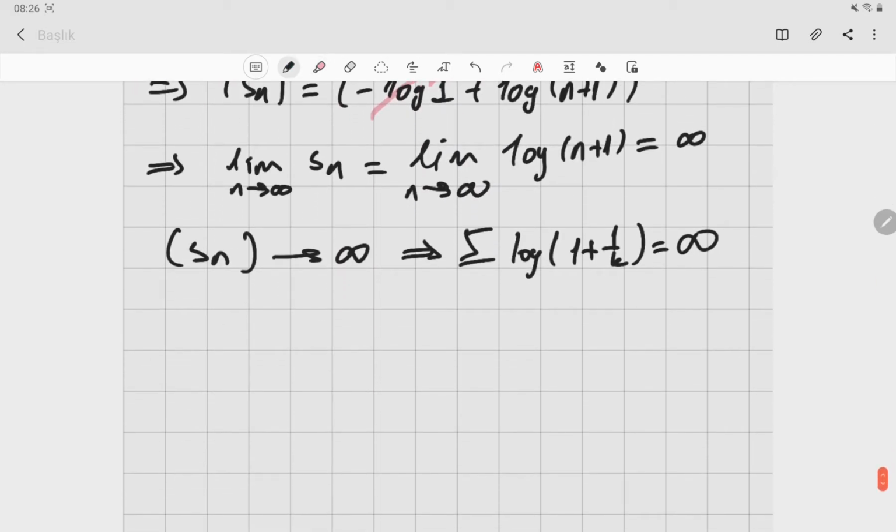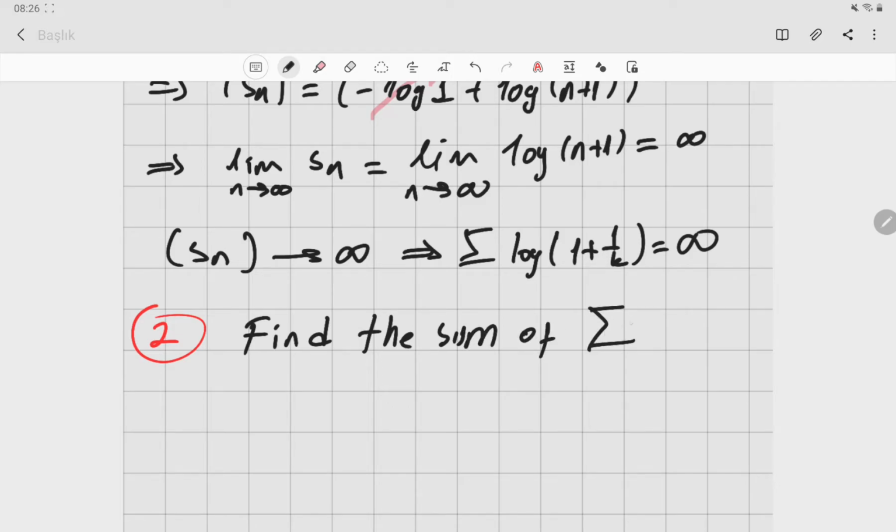Let's write another example. Okay. Find the sum of, sorry, here must be 3, over k.